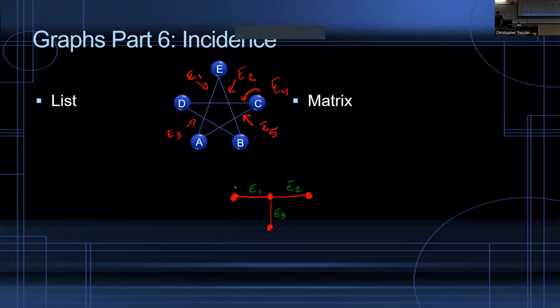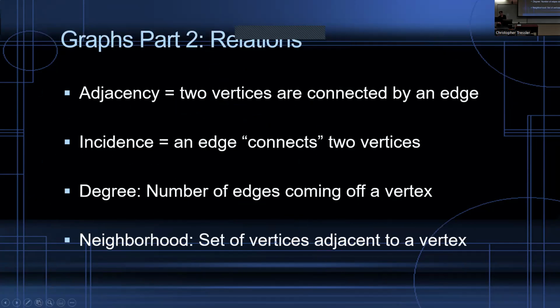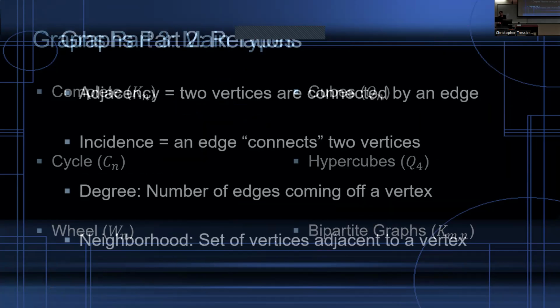And let's say this is vertex A, vertex B, C, and vertex D. Now to make a list, it's going to be pretty simple. However, because we're doing this with incidents, if you guys remember, I did go over the definition of incidents earlier. It is right here.